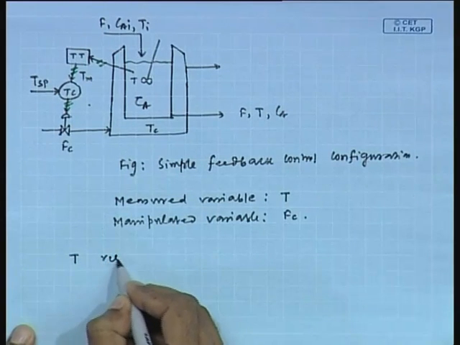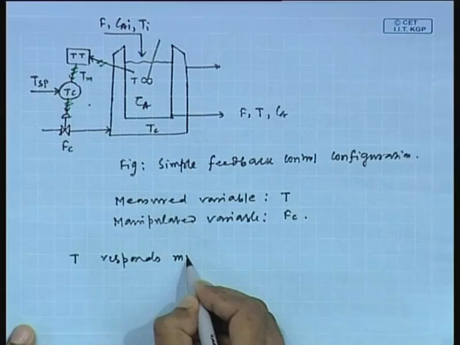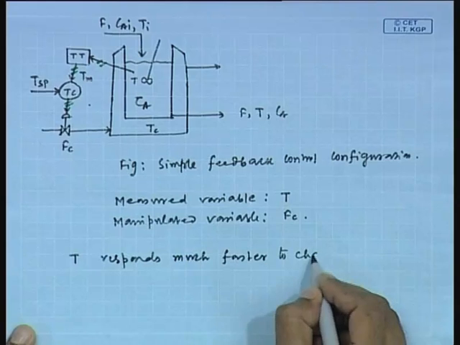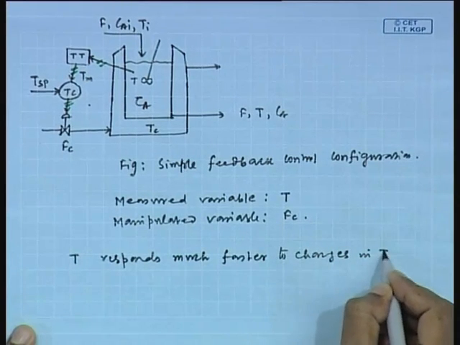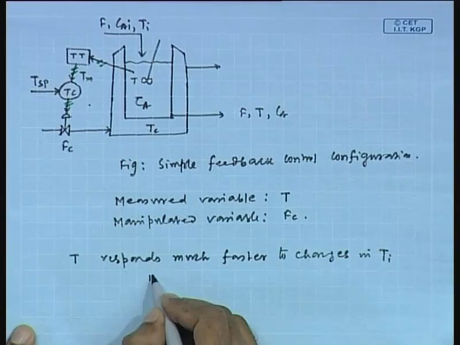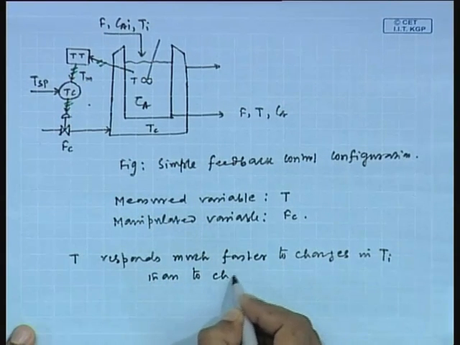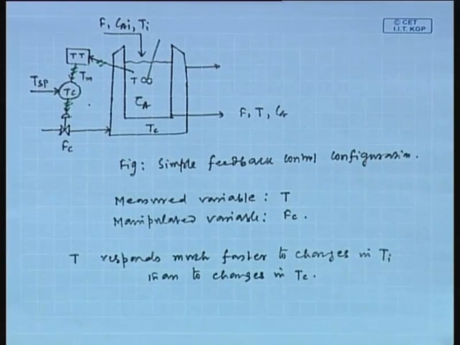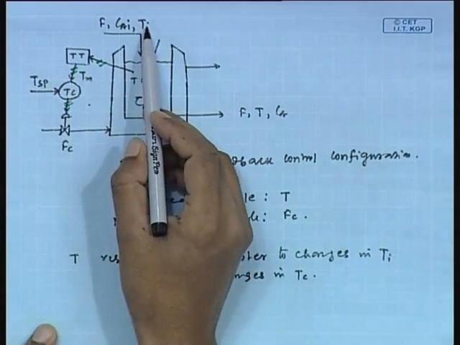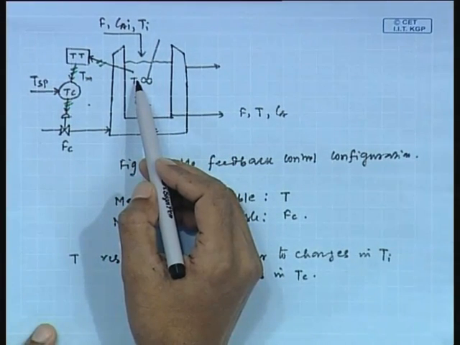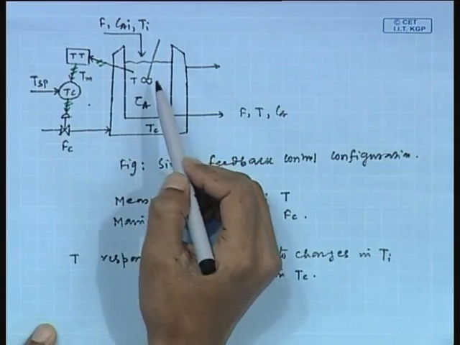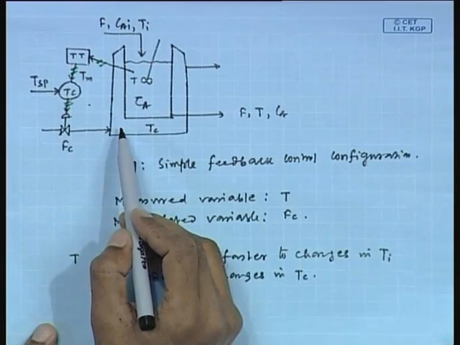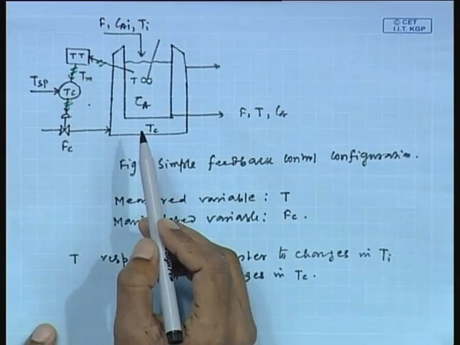T responds much faster to changes in Ti than to changes in Tci. It is very obvious: Ti can directly affect T because it affects the reaction mixture directly, but Tci first affects the jacket, then the process.